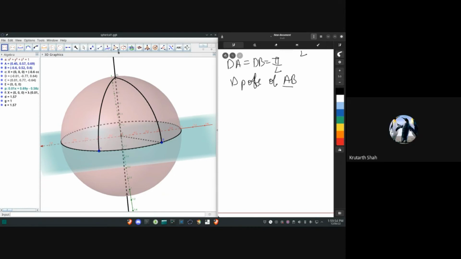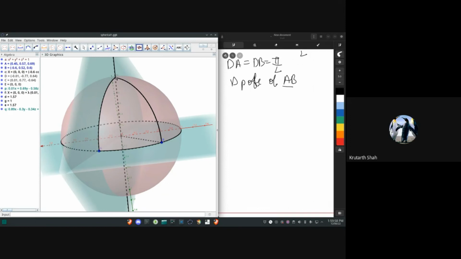Okay, DEA and DEB, yeah. Now we can double count and get that if we consider the upper hemisphere, it divides into 4 even parts. Thus D has to be the pole of AB.